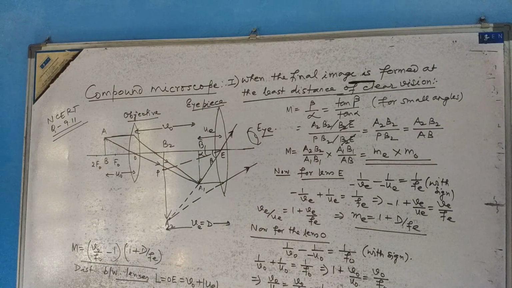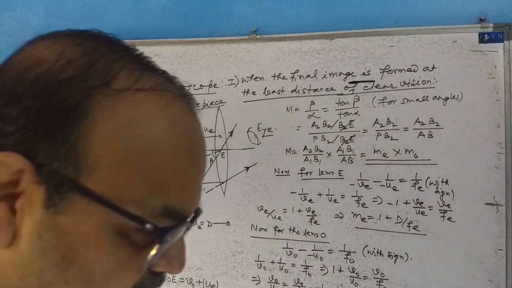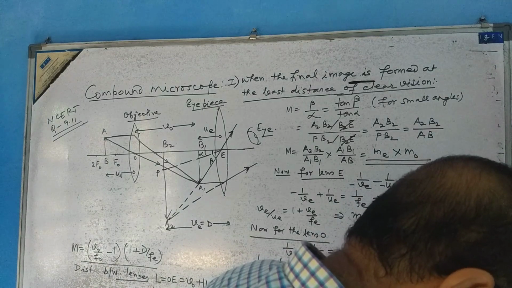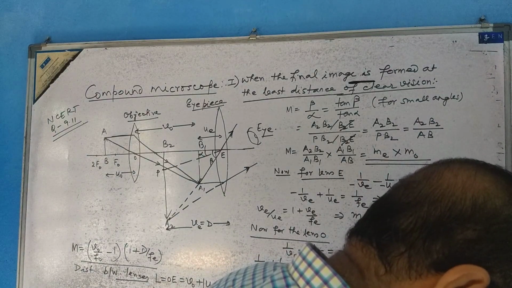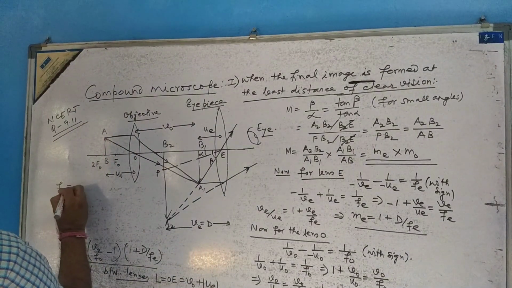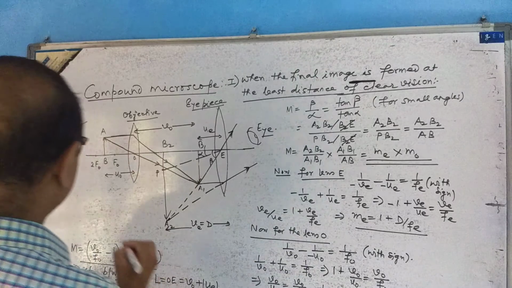You can see in this question number 9.11, in that FO is given, the objective has the focal length FO given to be equal to 2 centimeter.